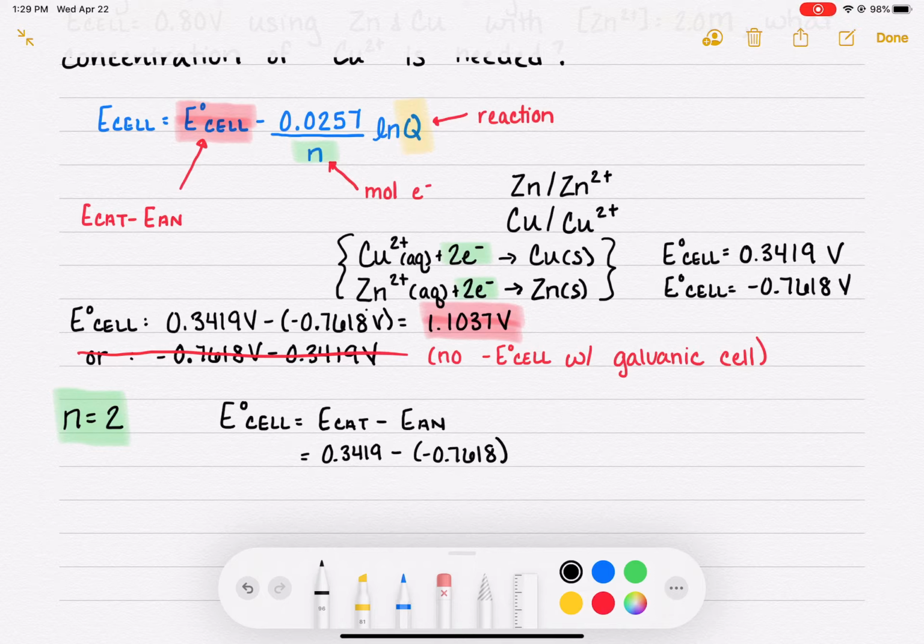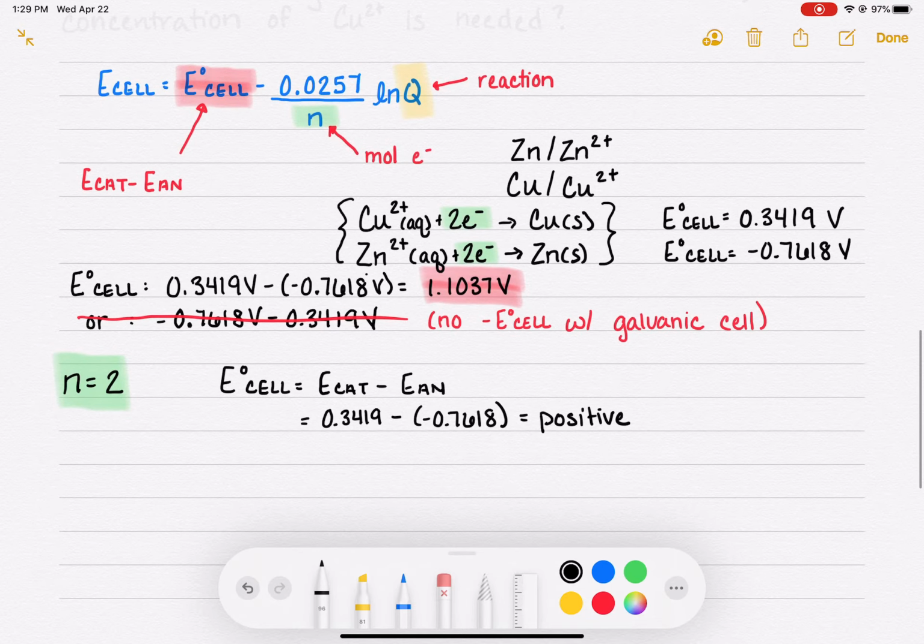This was the correct order to give us a positive voltage. And because this is the correct order, we know that the copper 2 plus is our cathode, and the zinc 2 plus is our anode.